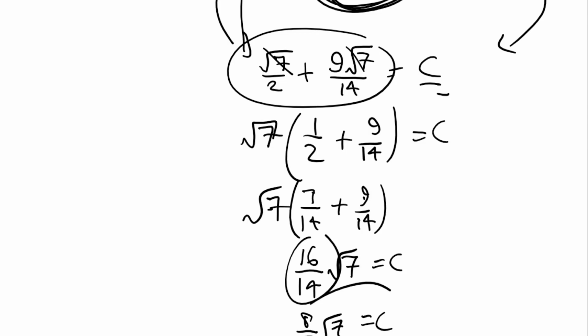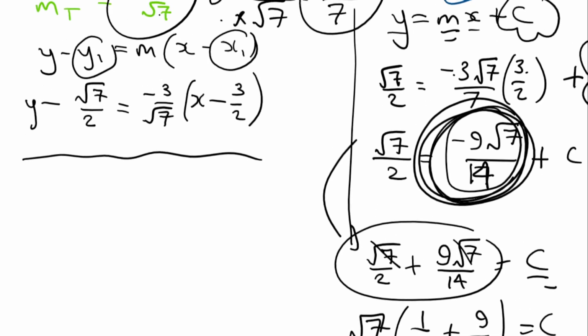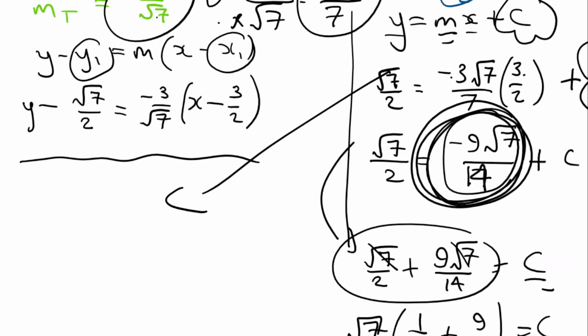So I've then got my y-intercept, so my final answer on this method, which I'll grant you is a little bit more involved, would be that y equals m. I could use the negative 3 over root 7 version. It really doesn't matter.